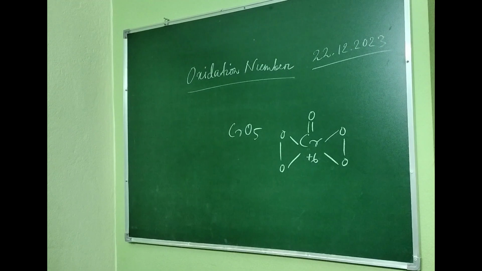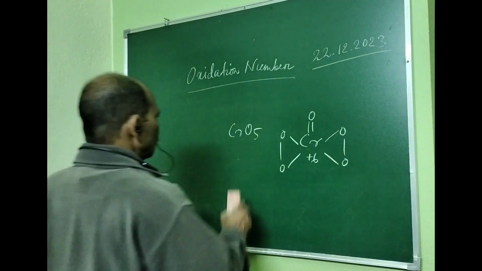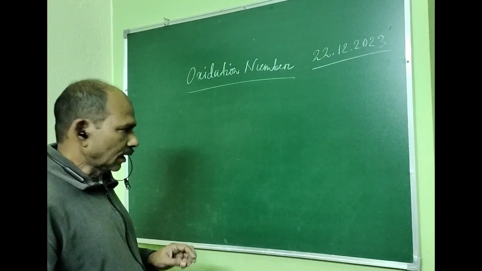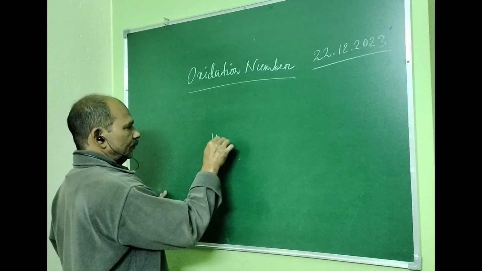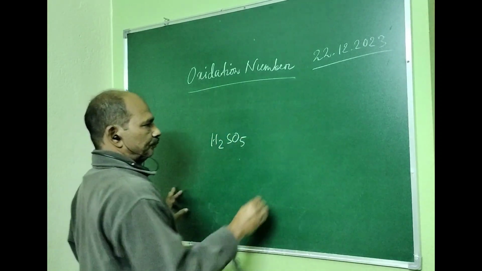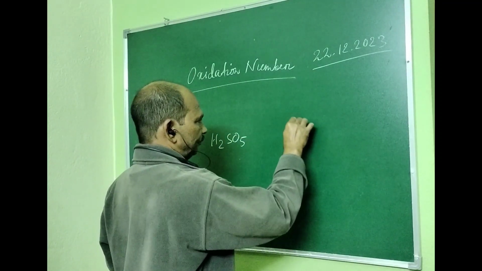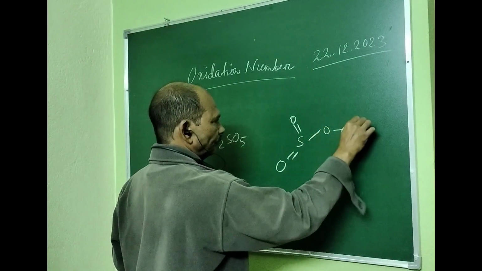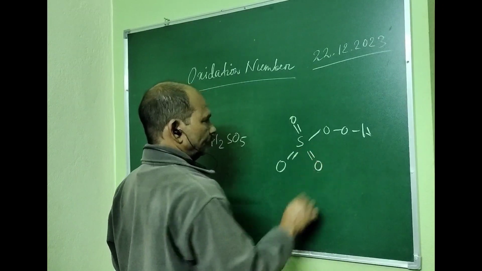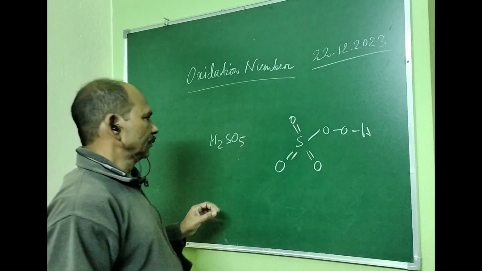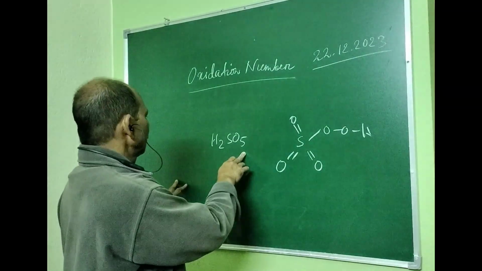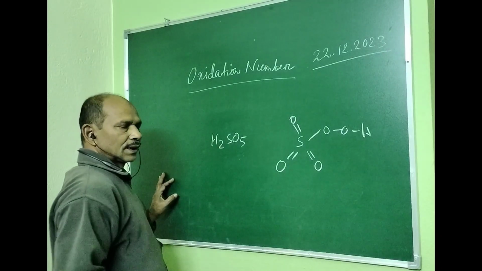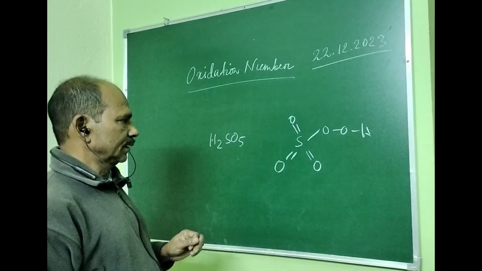I am citing another example, H2SO5. In this case also, we have to draw the structure. If we apply the formula, we get the oxidation number of sulfur as +8.